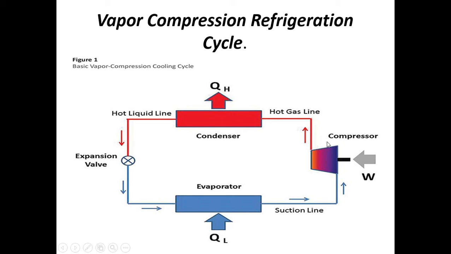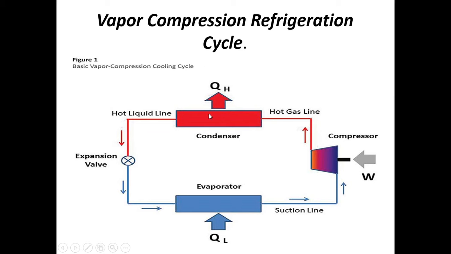When the higher pressure refrigerant enters the condenser, due to compression its temperature and pressure have increased. So we have a higher pressure, higher temperature refrigerant after the compressor, and it enters the condenser. Here you have a higher temperature refrigerant, and outside you have normal air at room temperature.